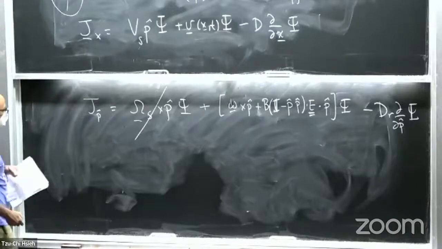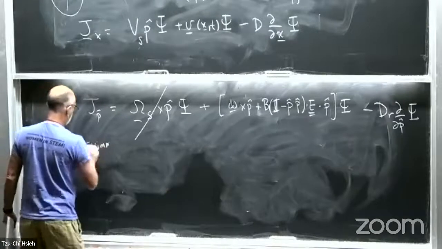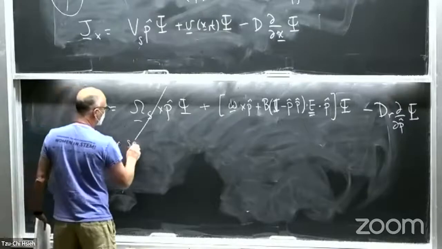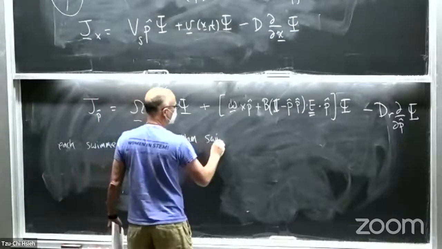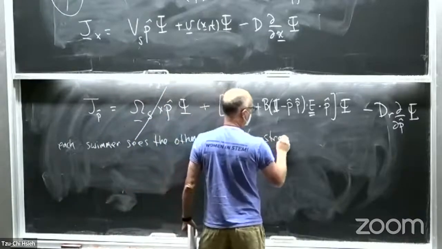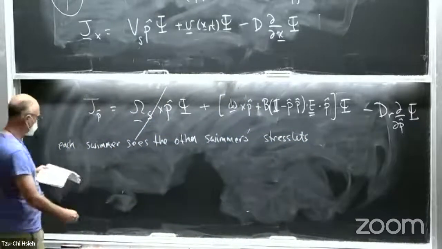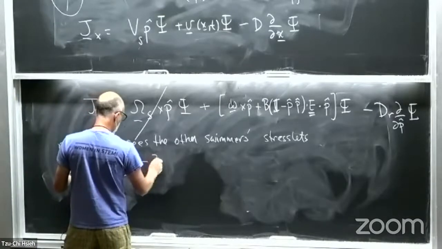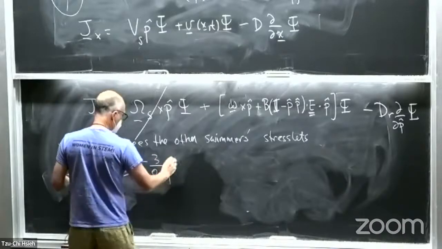So what we're going to do is say that each swimmer sees the other swimmers' stresslets. They're in the far field because it's dilute. So we say that the velocity that the other swimmers see is this stresslet thing that I wrote down last time.